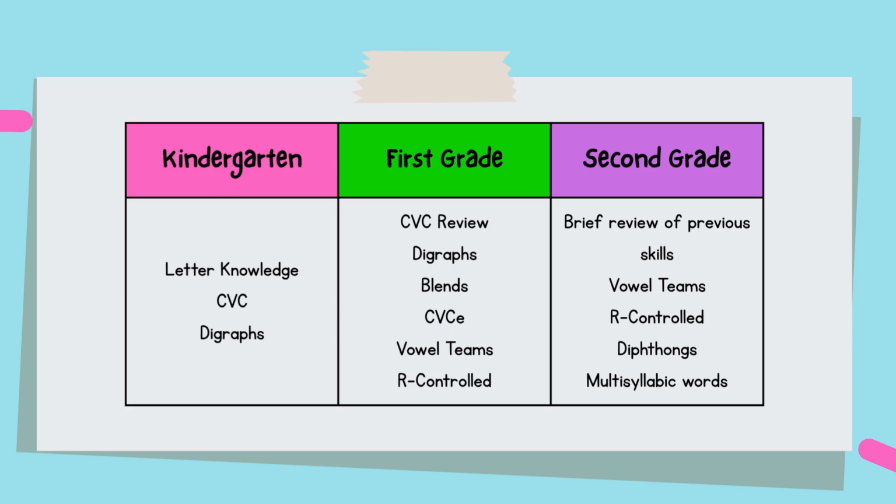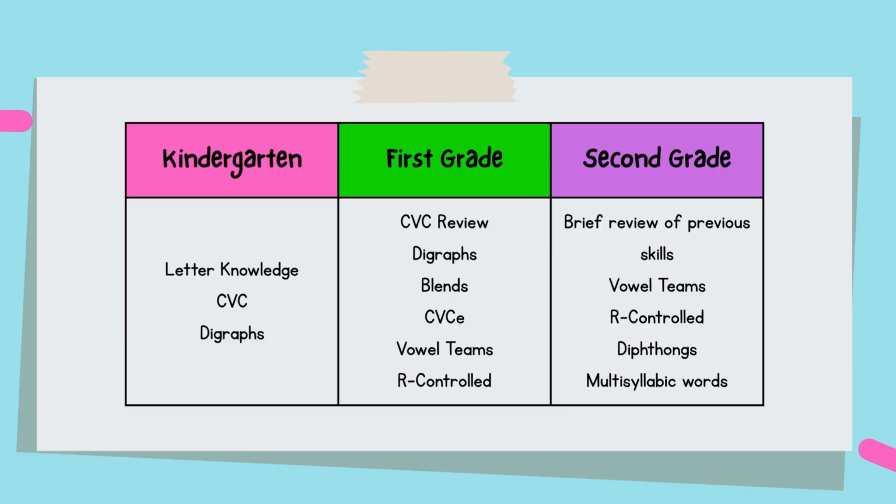Once students have a solid foundation in letters, instruction moves into CVC words and digraphs. This is where students begin blending and segmenting simple words and learning common consonant teams or digraphs such as SH, CH, TH, and WH.